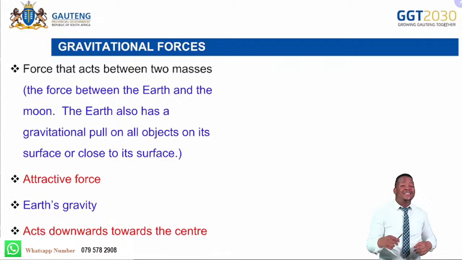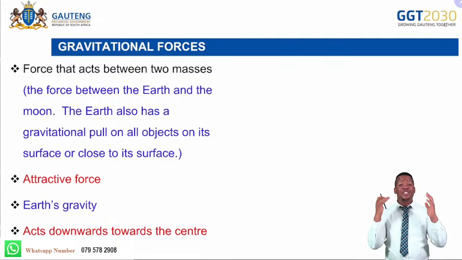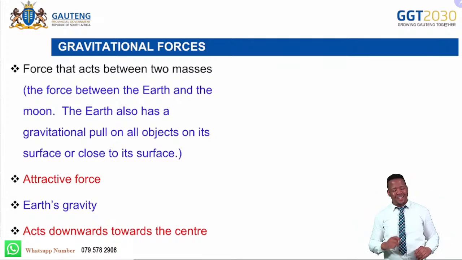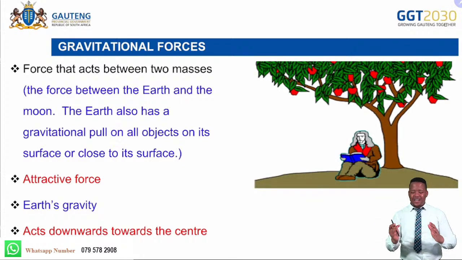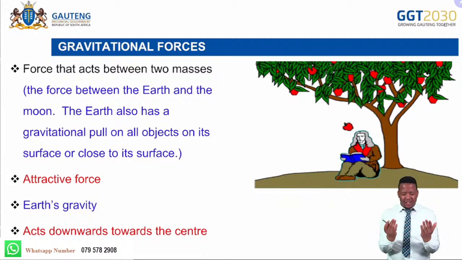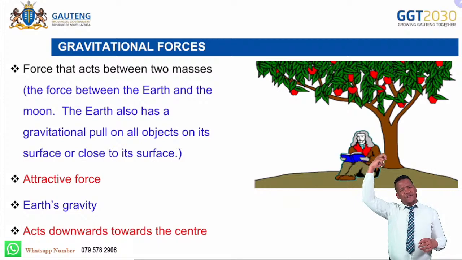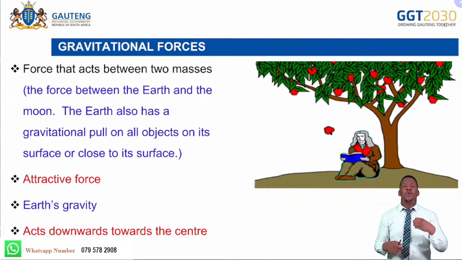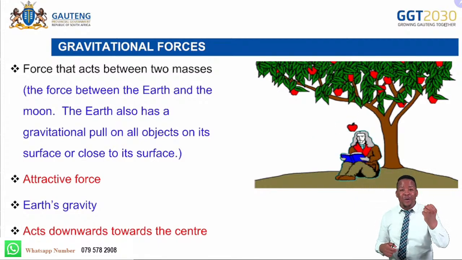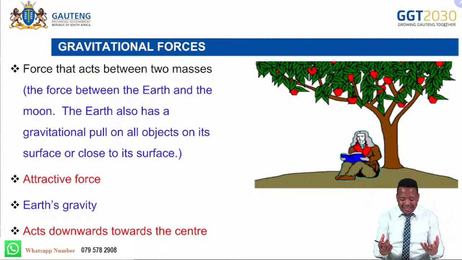It's the force that is experienced between two masses. Still under gravity, let's look at an example there. There is our teacher, reading a book under the tree. The apple just fell on top of his head. So what made the apple fall straight like that?